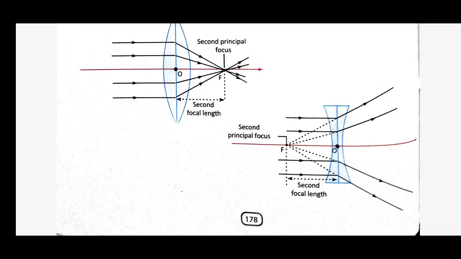So, here we found that the rays incident nearer and parallel to the principal axis meet at a point of the principal axis or appear to meet at a point of the principal axis after refraction through the lens. So, this point where they meet or appear to meet is known as principal focus of the lens.